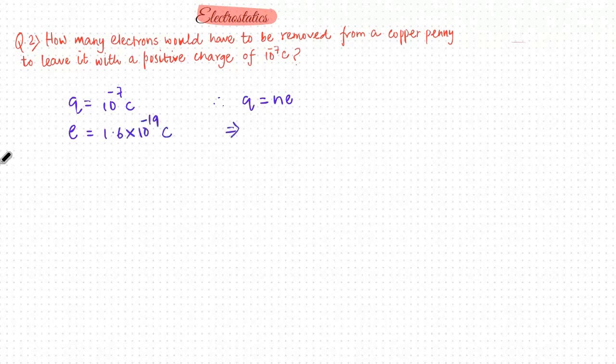So from this equation we can write N is equal to Q upon E. Now the value of Q is 10 to the power minus 7 and the value of E is 1.6 into 10 to the power minus 19. So it would be 1 by 1.6 into 10 to the power plus 12.